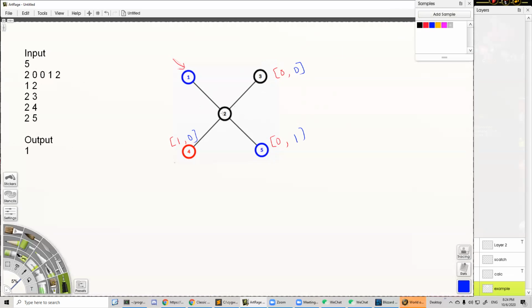This node itself doesn't have a color, but the subtree of this node has a lot of color, right? So we can add them up, so that the counter of red nodes of this tree is 1, and the blue node count of this subtree is also 1.